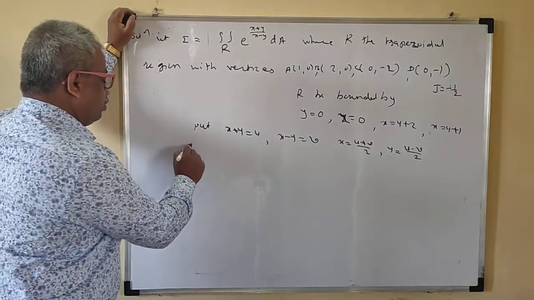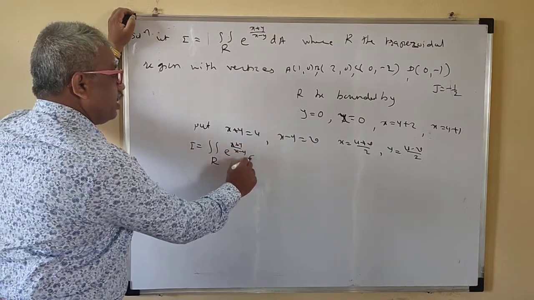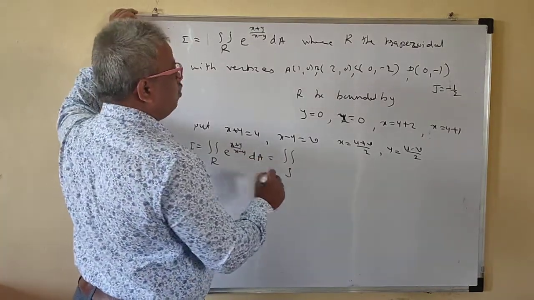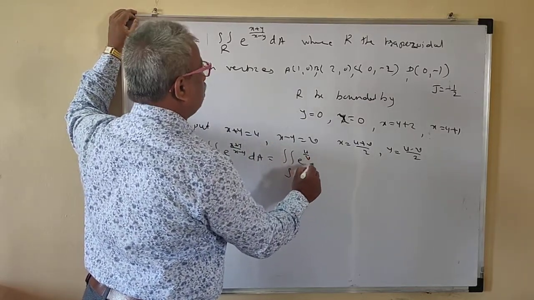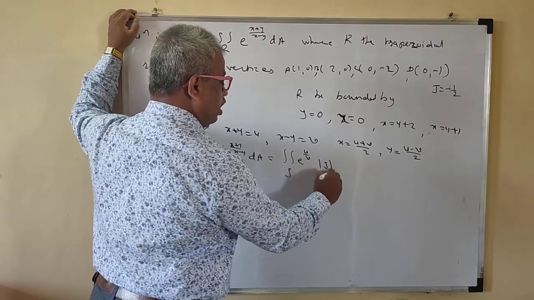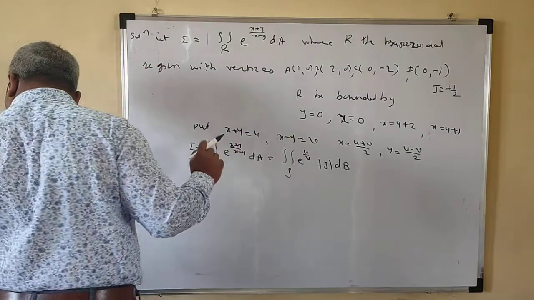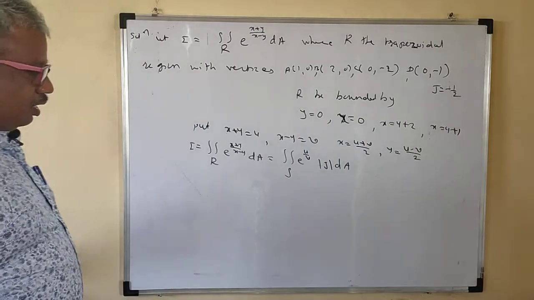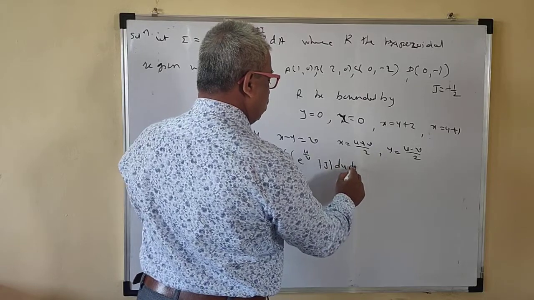Now your I is the integration over R of e raised to x plus y upon x minus y dA, which equals the integration over S of e raised to u upon v, times the Jacobian, times dA, where dA is nothing but du dv.